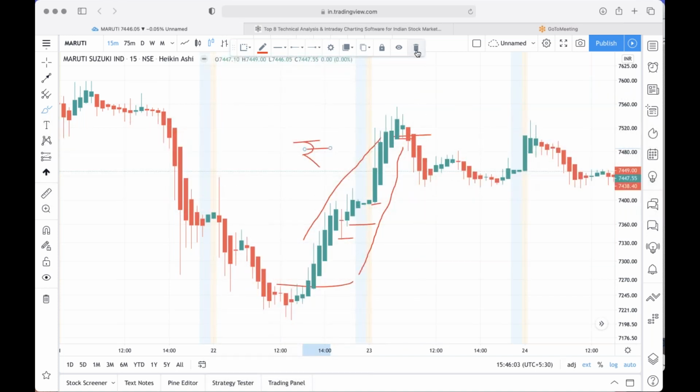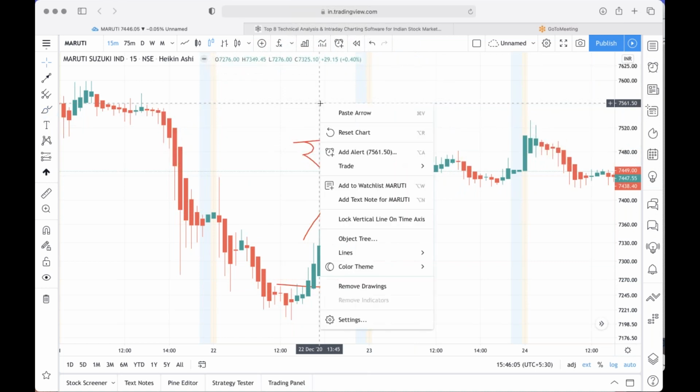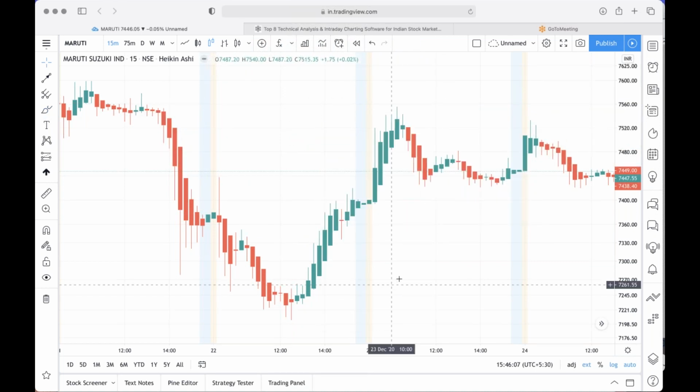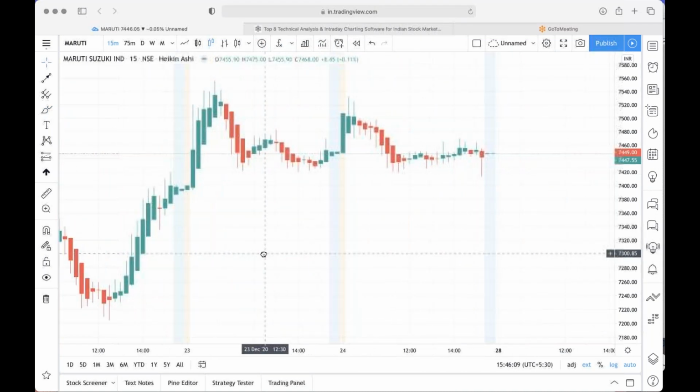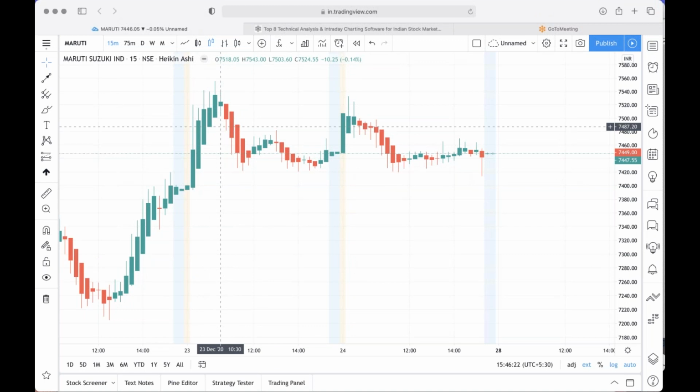So the key task of Heiken Ashi is this: let's say 1 or 2 out of 10 trades will pick up. Most of the trades will not pick up. Most of our trades do not pick up. Each and every trade is not a rocket like this.